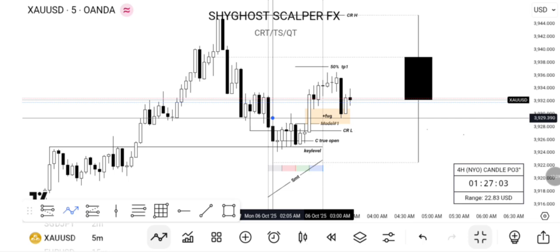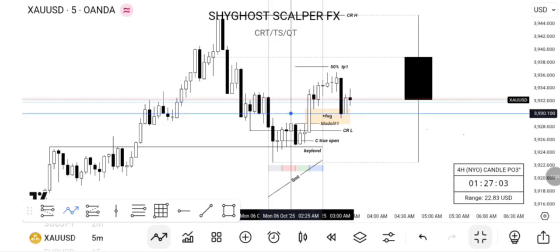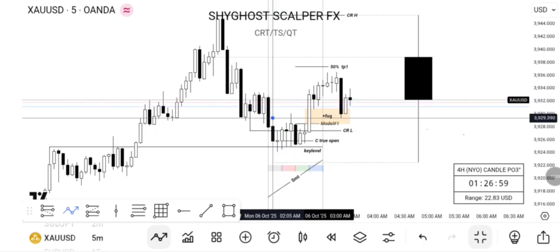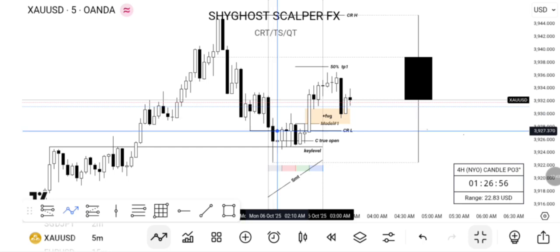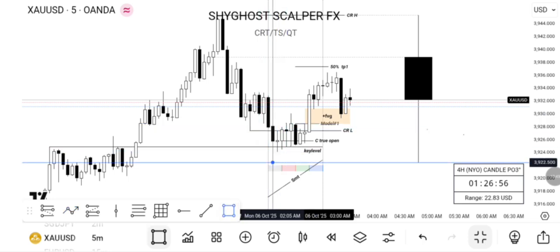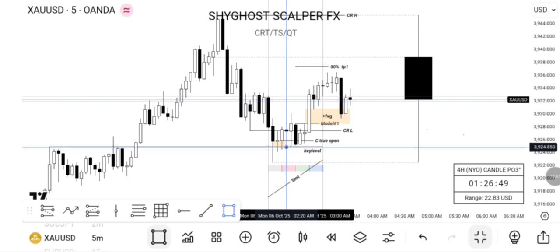For example, on silver, you're gonna check if this candle is a bullish candle or a bearish candle. If this candle is a bullish candle on silver, and as we see on gold it's a bearish candle, that means this candle is our PSP candle.